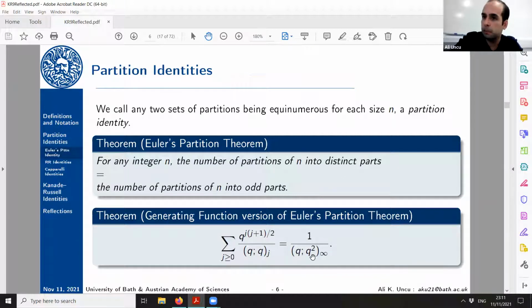Maybe we will have more than one residue class in the next examples, but here we have just 1 modulo 2 parts. So whenever we have a congruence condition on a set, we already know the generating function for it. But I should say that this one is not so hard to prove, but usually jumping from the sum side of a generating function equality to the product side, tying this knot, showing this equality, is really hard.